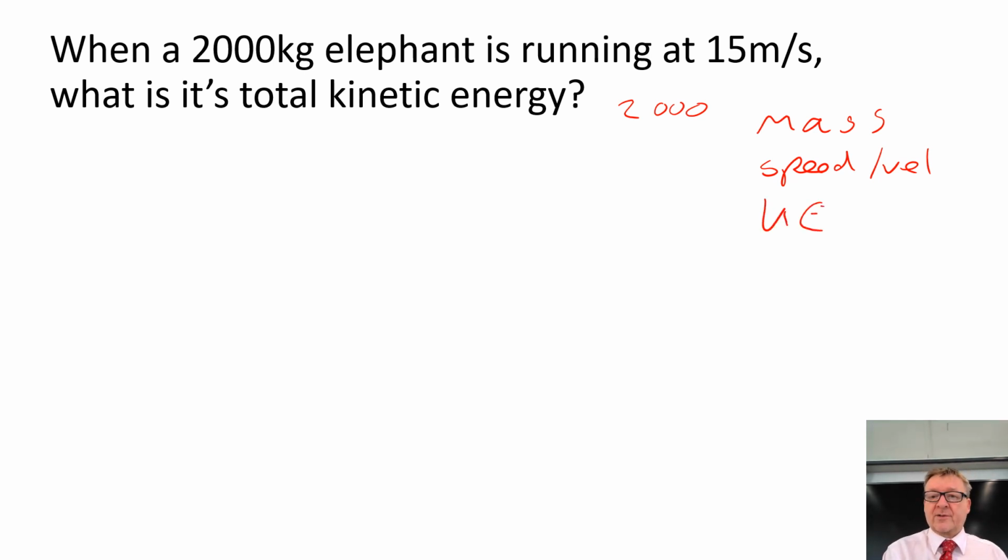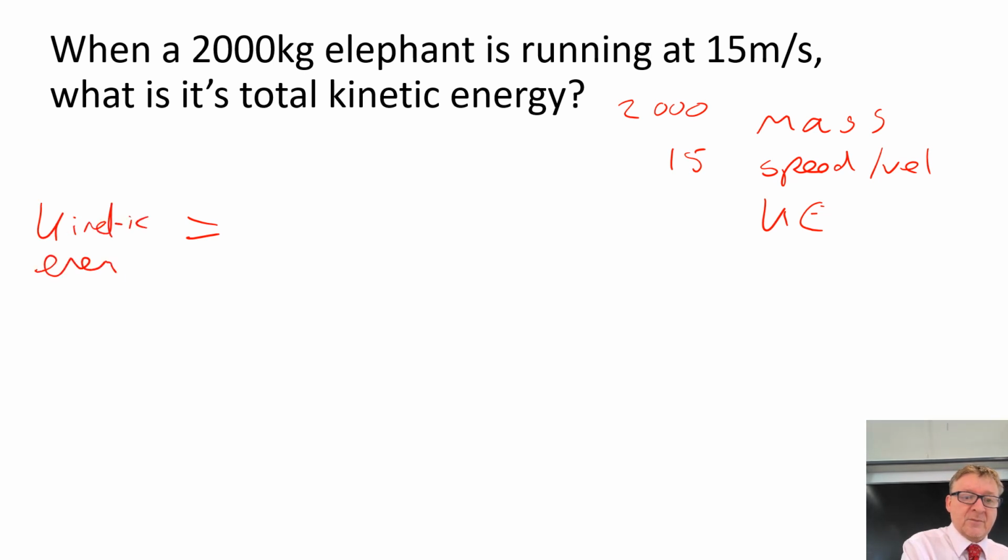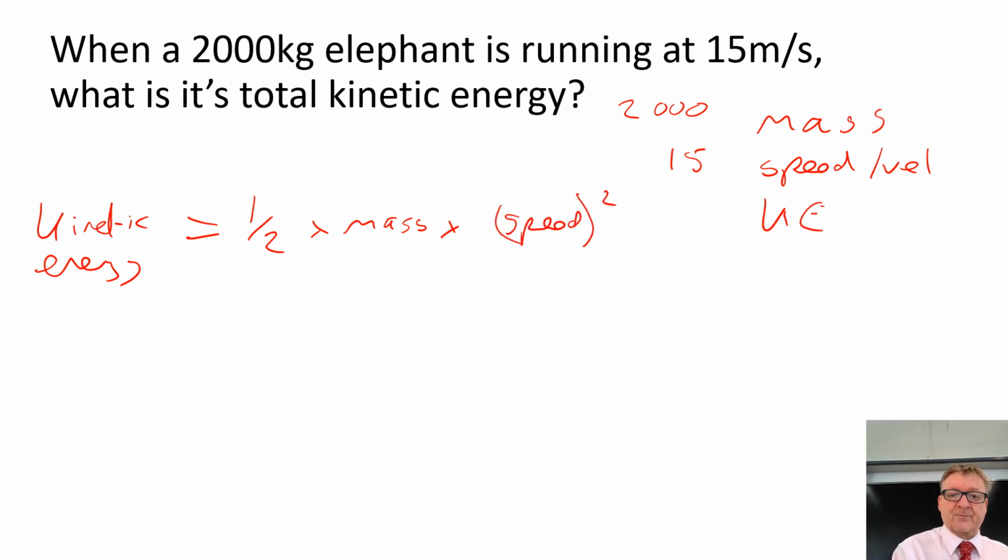So we've pulled out our data, now we need to find our equation. Kinetic energy equals half times the mass times speed squared. Now we substitute in.